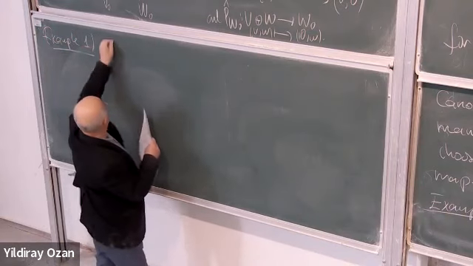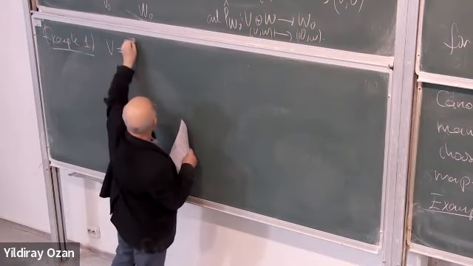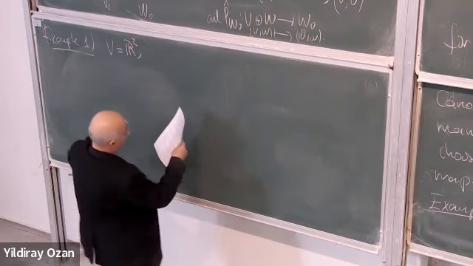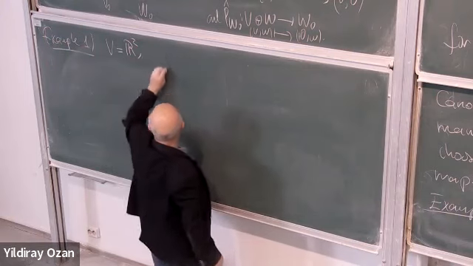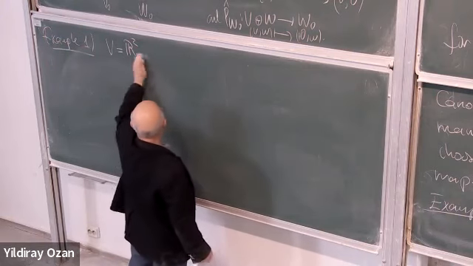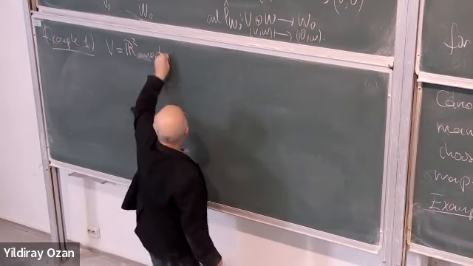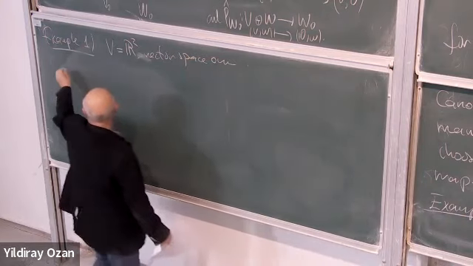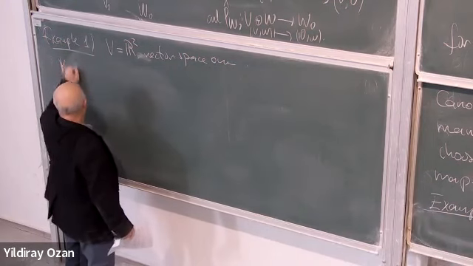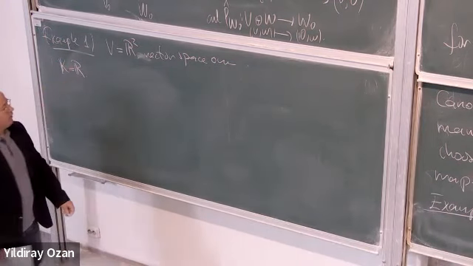Let V be R2, and F star is the following. So V is a vector space over the field K, which is in this case R itself.